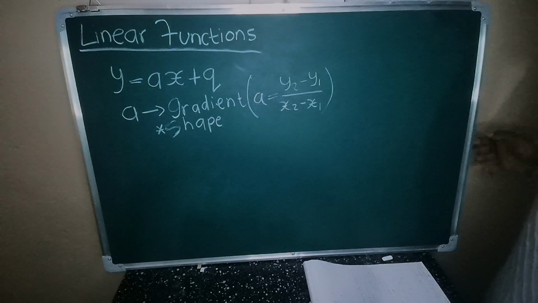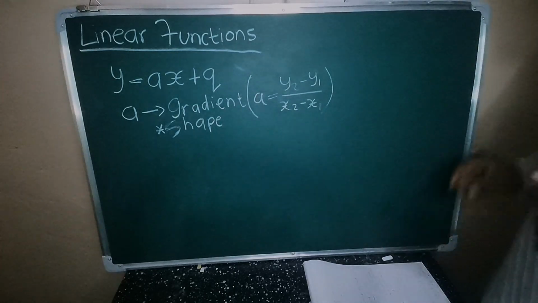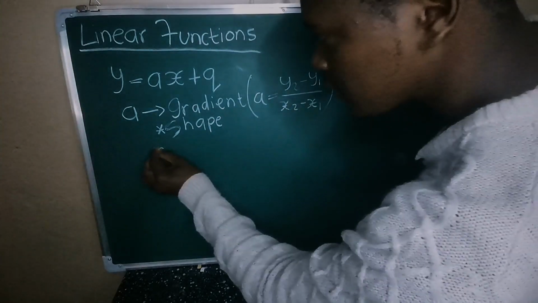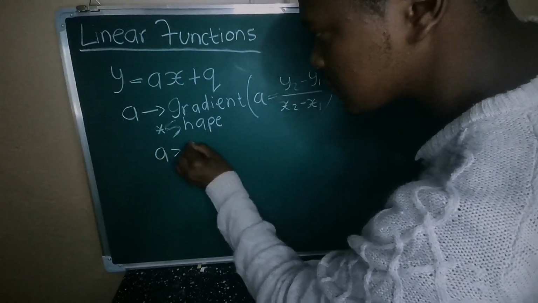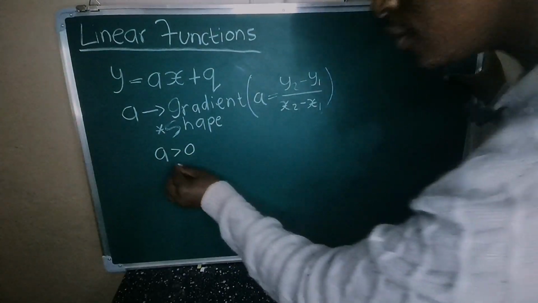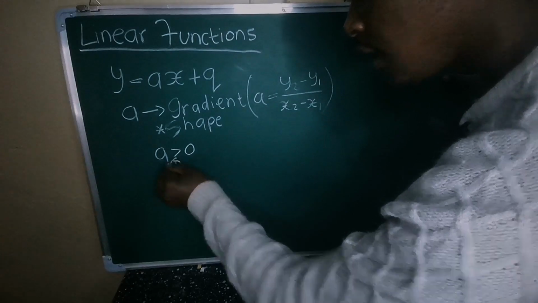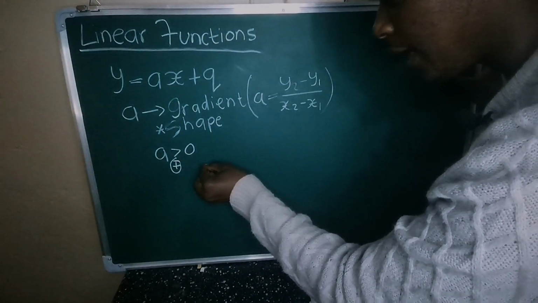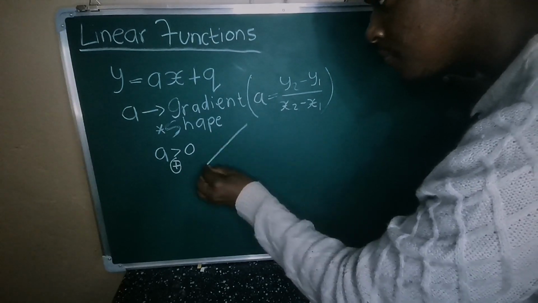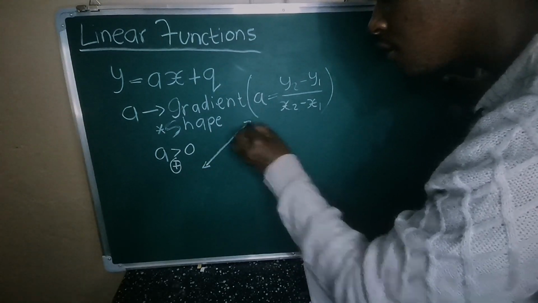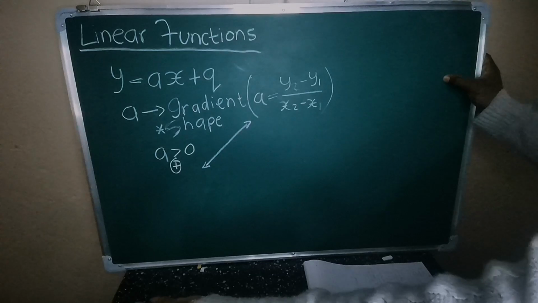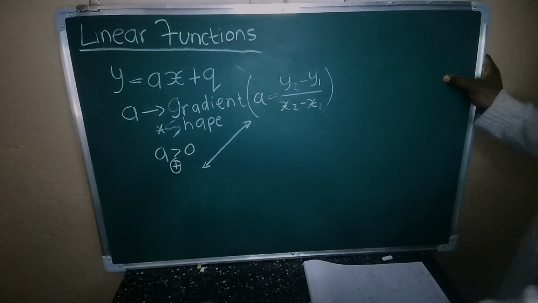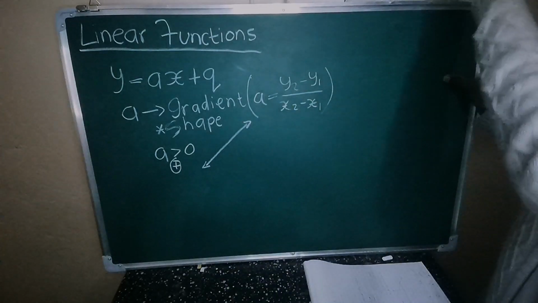Now let's come to the shape. When the value of a is bigger than 0, when the value of a is positive, our graph is increasing. So if you draw the graph here, our line will look like this. We start from the negative infinity and go to the positive infinity.